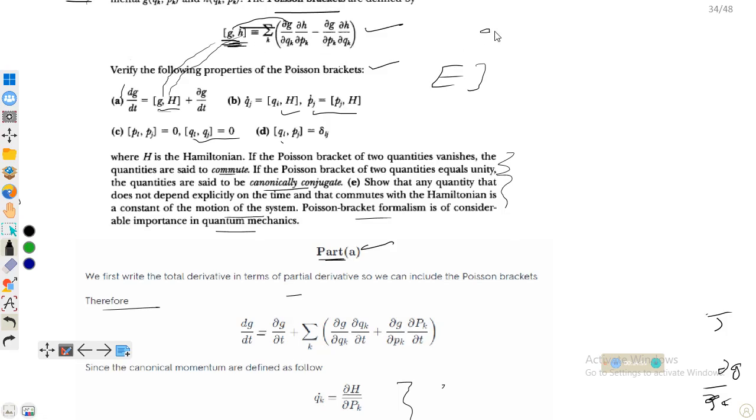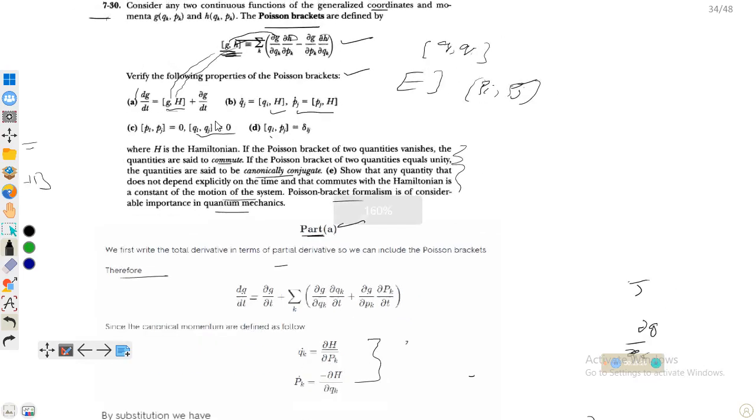If we write the commutator of Qi and Qj, then we can write it like this: this h will be replaced by Qi, and similarly this h will be replaced by Qi. Then if we write the commutator of Pi and Pj, we can replace this small h with Pj in the whole expression.